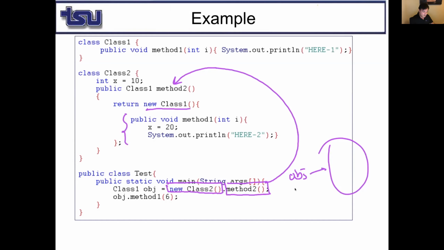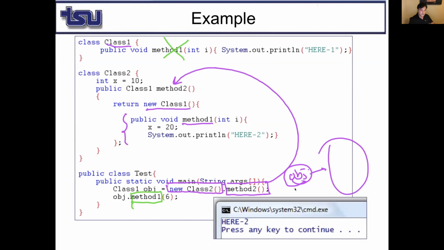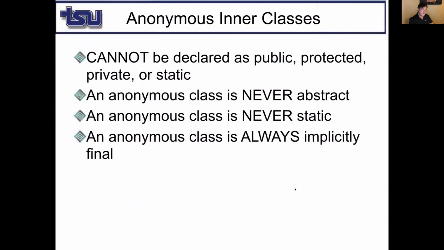When I say method 1, it will not make a call to this one because in actual memory, obj is not referring to a class 1 object, but to an anonymous object, that is an object of an anonymous class that extends class 1. Therefore, it's going to call this method 1, and it's going to print 2. It seems tricky, but it is not if you spend a little bit of time.